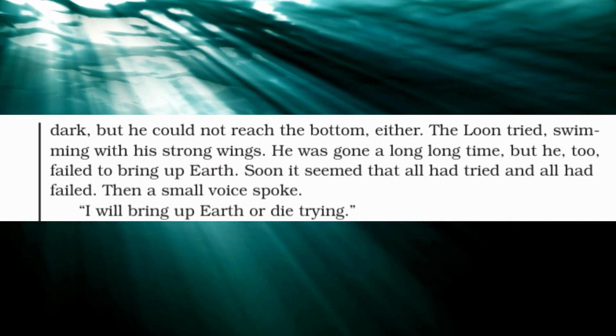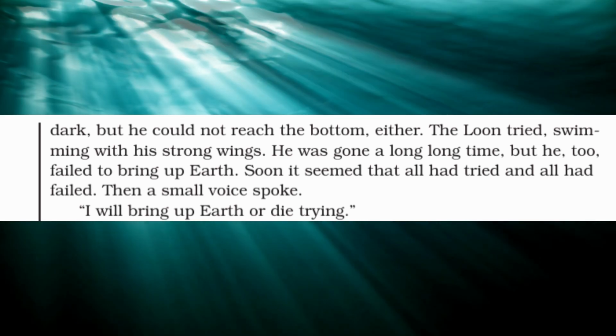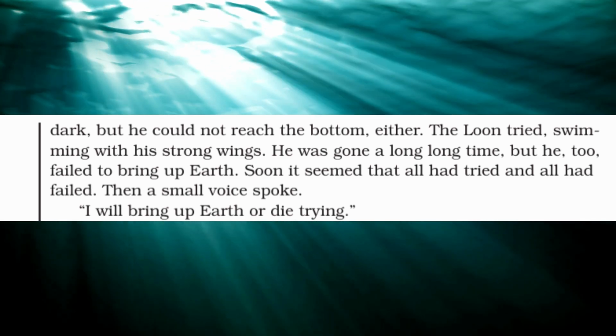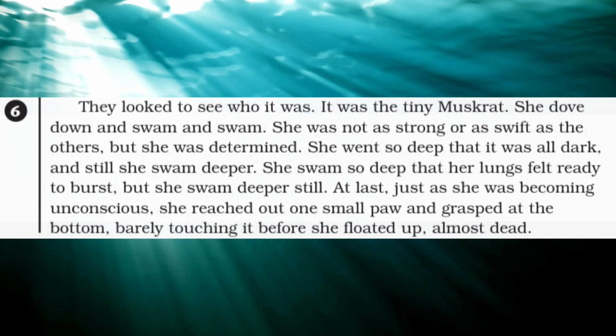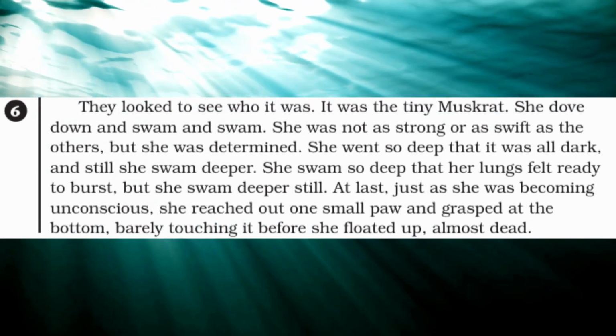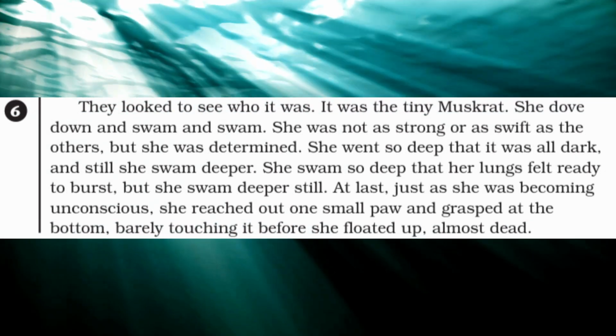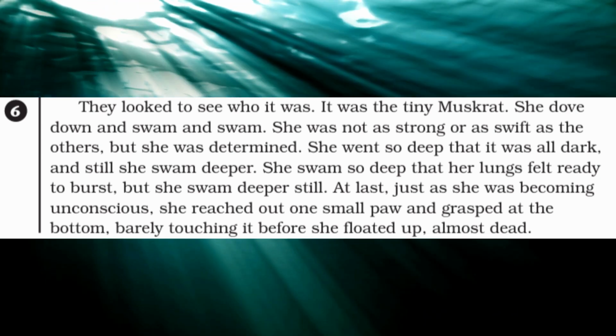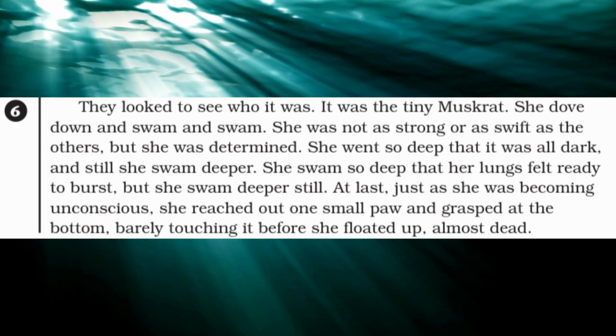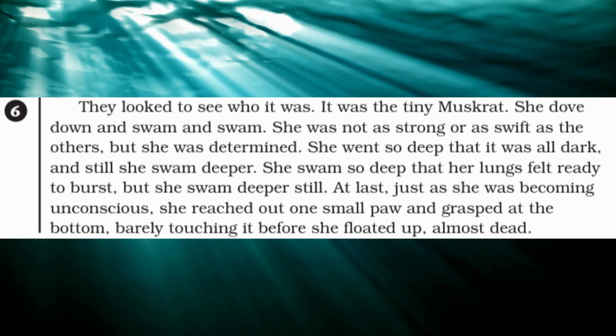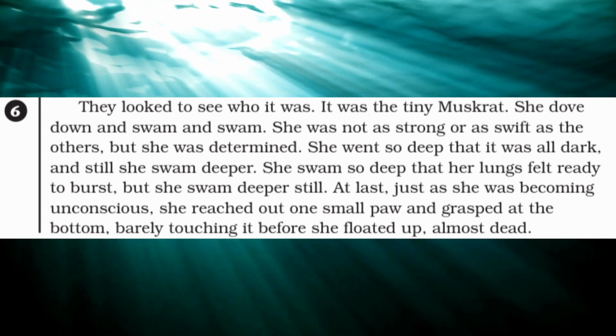Then a small voice spoke. "I will bring up earth or die trying." They looked to see who it was. It was the tiny muskrat. She dove down and swam and swam. She was not as strong or as swift as the others, but she was determined.